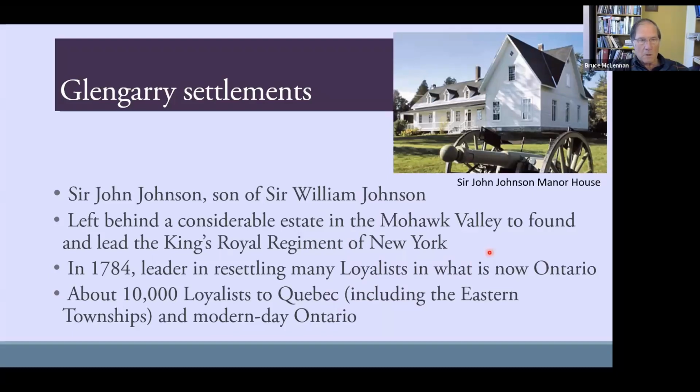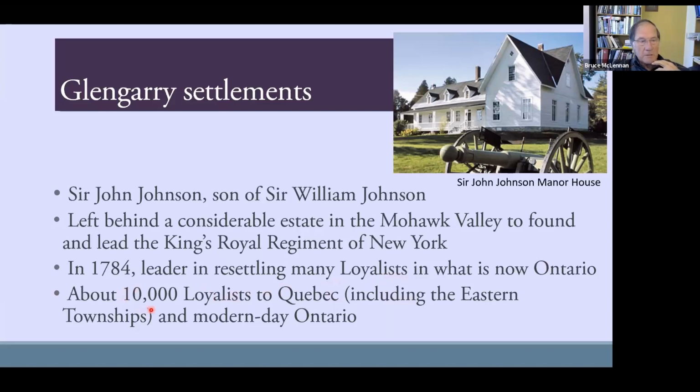Really, in the process, he lost all that land and became a leader in re-establishing those loyalists in what is now Ontario, often up close to Montreal, to the Ottawa River.